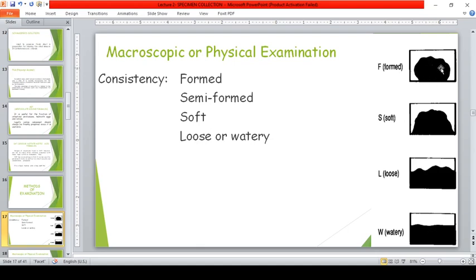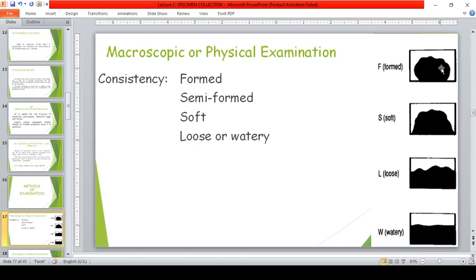So in formed stool, you expect cysts. If you identify the consistency of the stool as formed or semi-formed, most likely you will isolate cyst forms.